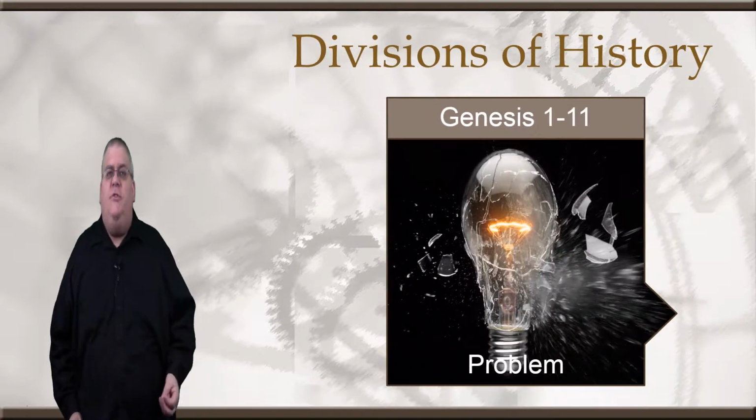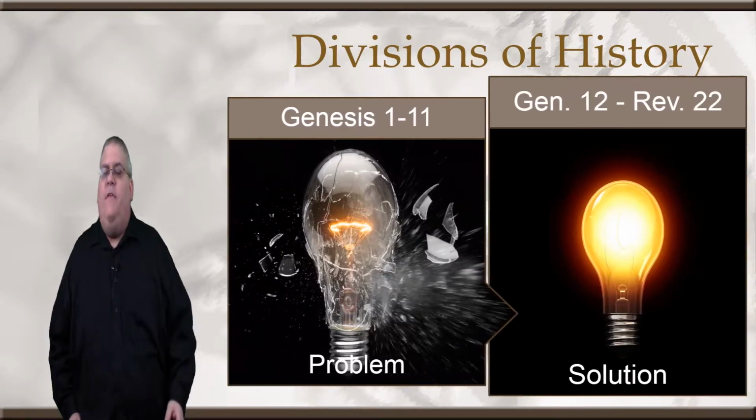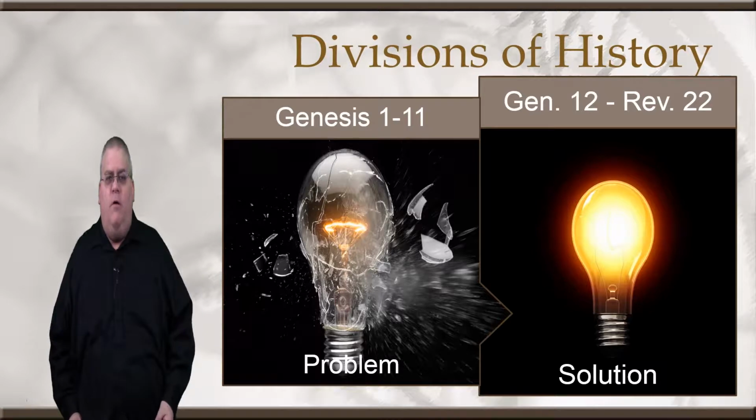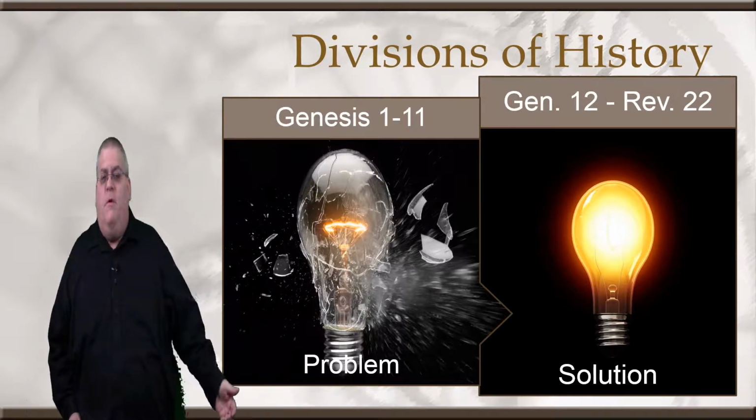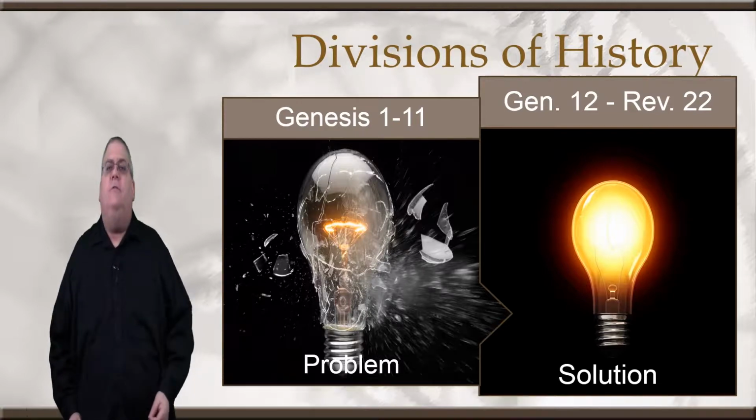You see, Genesis chapters 1 through 11 tell the problem, the rebellion of humanity into sin and its downward spiral into greater sin and its consequences. And then starting with Genesis chapter 12 and going all throughout the rest of the Bible to the end of the book of Revelation tells the solution to this problem.